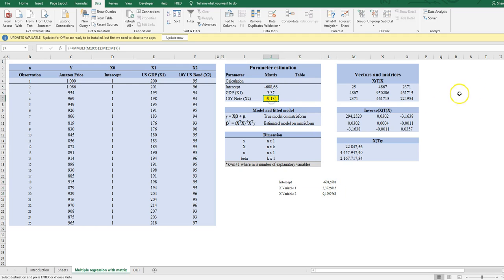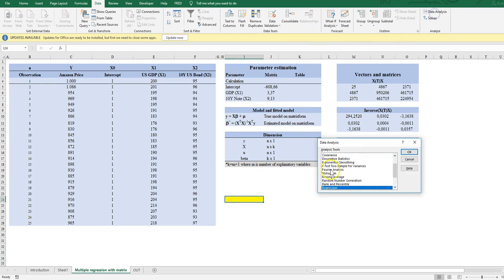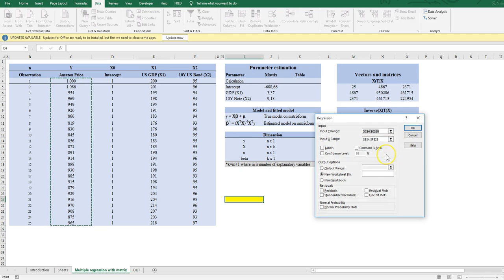So the difference was obviously because I just changed somewhat one of the inputs. So this was correct. Please note that when you use the Excel built-in function, we don't need to put in the intercept. Excel does that on its own.